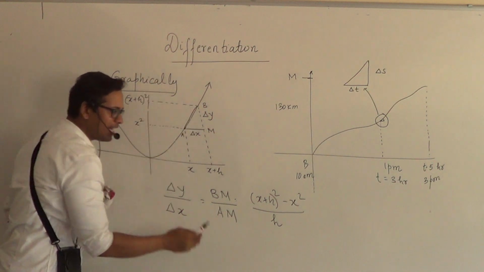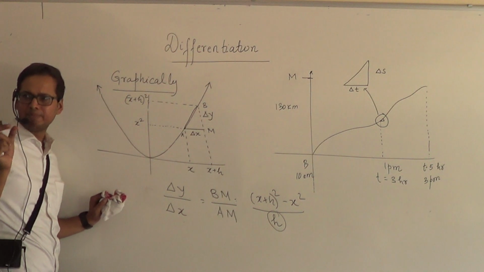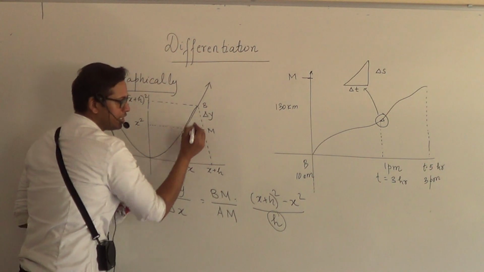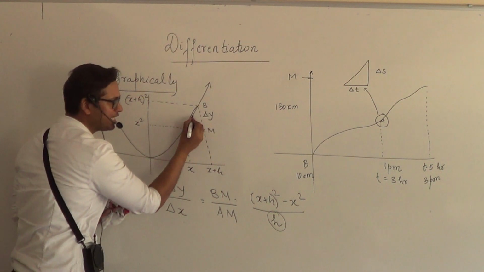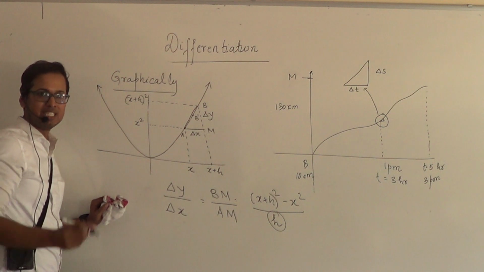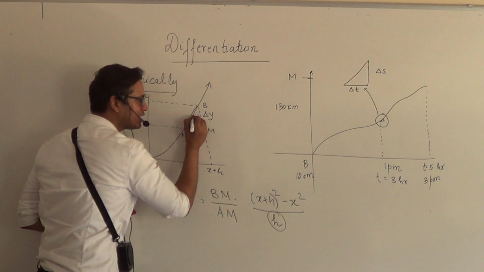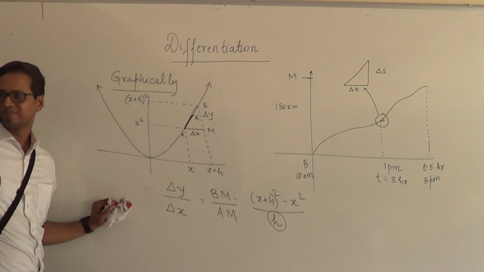Now imagine I start making h smaller. Do you realize that point B will start coming towards A? This will be the new position of B, which we call B dash. That means now I'm trying to find the slope of AB dash.